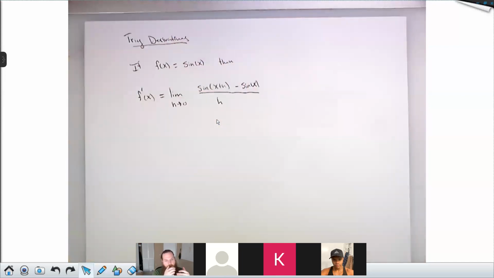And this is not an easy limit. It's really not, for a bunch of reasons. I mean, the obvious one is if you plug in 0 for h, the top and bottom are both 0. That's true for all of our derivative limits.